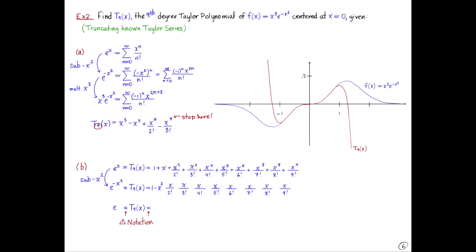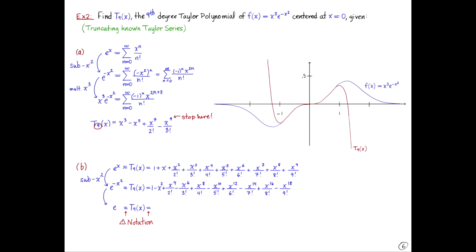Subbing in negative x squared into x squared over 2 factorial, we have a positive x to the 4th over 2 factorial minus x to the 6th over 3 factorial plus x to the 8th over 4 factorial minus x to the 10th over 5 factorial plus x to the 12th over 6 factorial minus x to the 14th over 7 factorial plus x to the 16th over 8 factorial minus x to the 18th over 9 factorial.